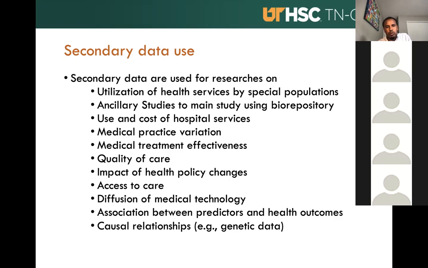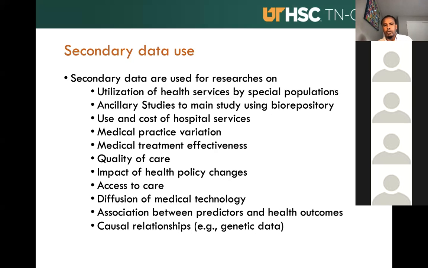And it can be used for research on quality of care, on research for the impact of health policy changes. So secondary data sources can be used for that. So for example, the NHANES collects data on nutrition, and some policies have been passed concerning, for example, the use of saturated fat, and that has most likely changed the availability of saturated fat or labeling of saturated fat in the supermarket.